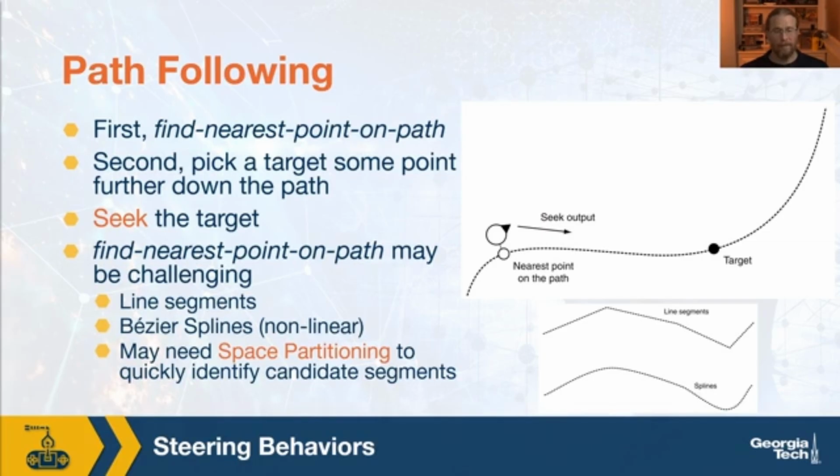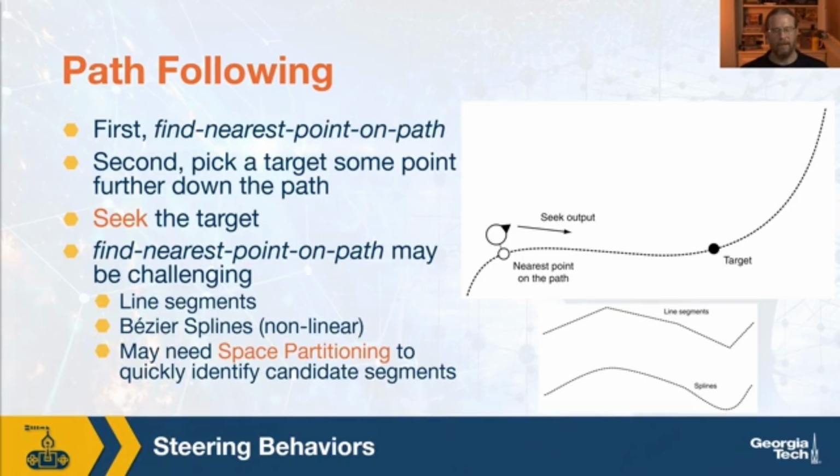And of course, the type of path is going to have a big impact as well. So line segments maybe are easier to work with. We've already seen a way to find the distance to a line segment in terms of a computational geometry calculation. We could consider Bezier splines, which are curved paths, and which do tend to be popular to use in games, even though there is added complexity.